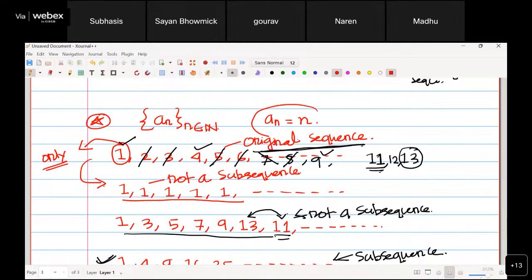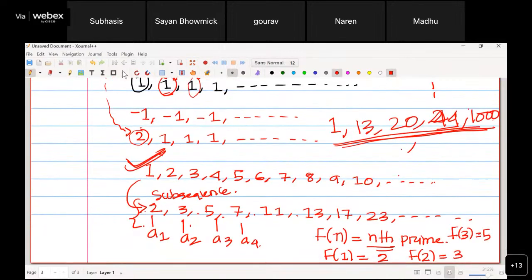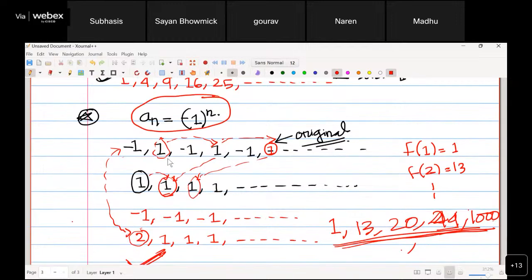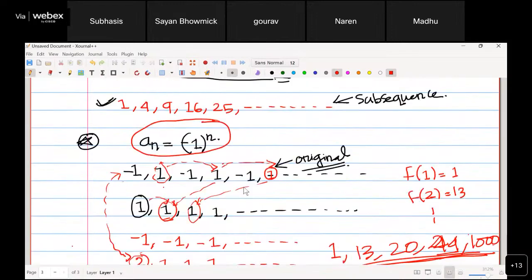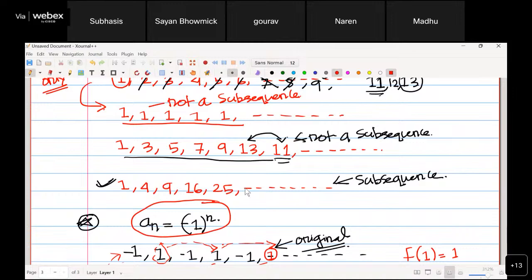I have one more doubt, sir. Should any subsequence also go to infinity, sir? Or is it a requirement or not a requirement? It depends on the sequence. If you go to infinity, n has to be infinite. You can't stop there, right? You have to go to infinity.